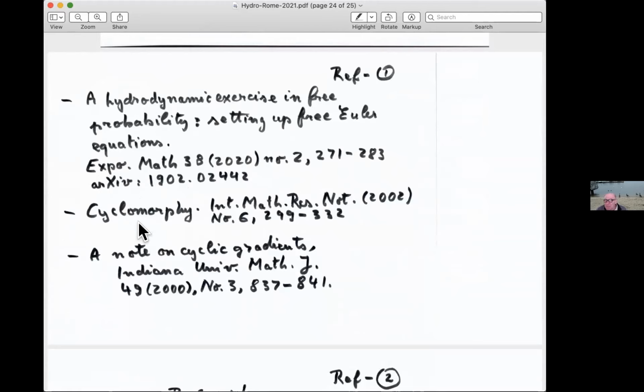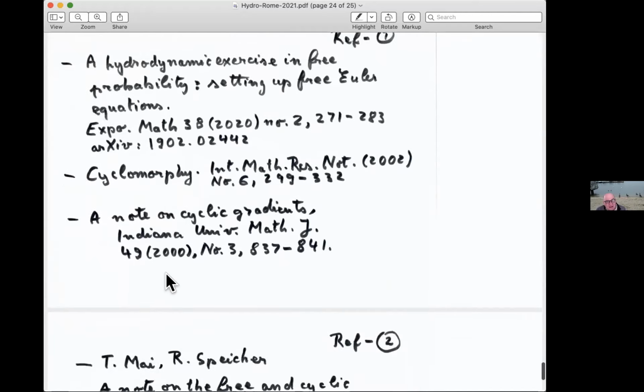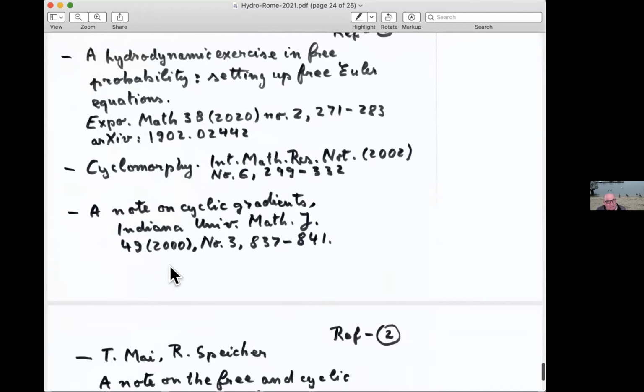There's an older paper of mine, Cyclomorphy, in International Mathematics Research Notices, where I found these properties of the algebra of trace preserving vector fields; this orthogonal decomposition is there. And there is another short note in the Indiana Math Journal about the exact sequence for cyclic gradients.